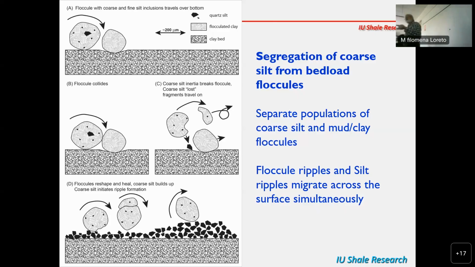But once it starts traveling over the bottom, it bounces around. These things are basically breaking up. They have too much inertia. It breaks the floccule, and then the silt basically drops out, and the lighter stuff keeps moving. And eventually, the coarse silt is segregated out of the floccules.